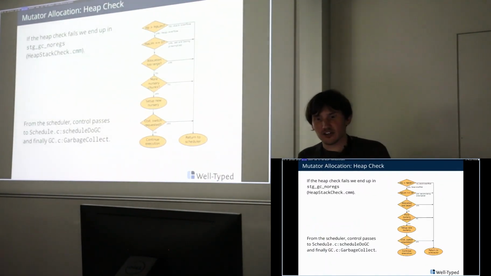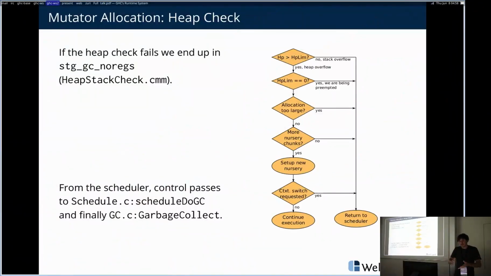So ultimately, when we fail a heap check, we're going to end up in this function stg_gc_noregs, which is defined in HeapStackCheck.cmm. I'd encourage you to look at this file. It's going to do a few checks to see if we have more nursery blocks in our current nursery, because again, these nurseries may be discontiguous. Then we can avoid having to do a GC and avoid returning to the scheduler.